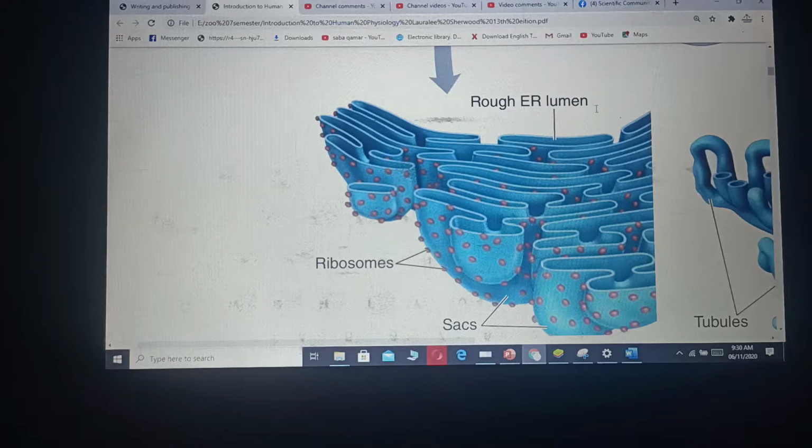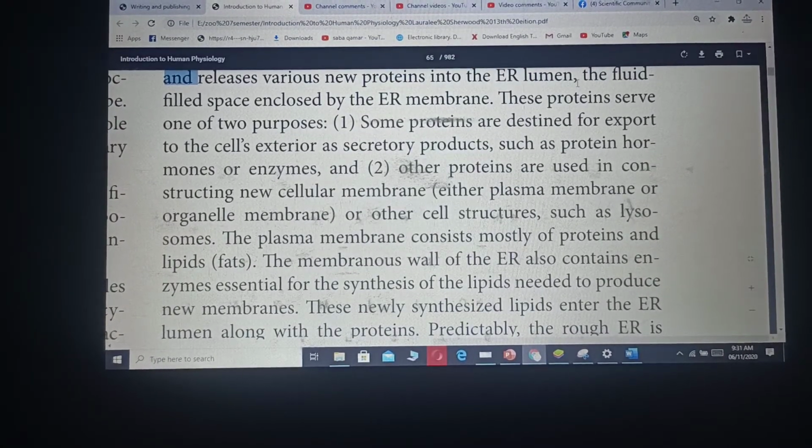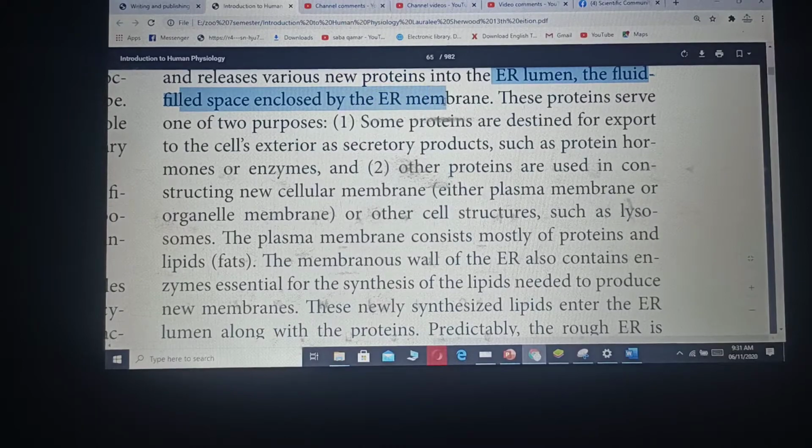And moreover, if we have to prepare glycoproteins, they are also synthesized inside the endoplasmic reticulum lumen. Always remember that the endoplasmic reticulum lumen is a fluid-filled space enclosed by the endoplasmic reticulum membrane.